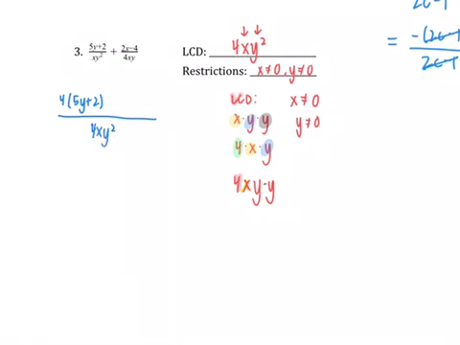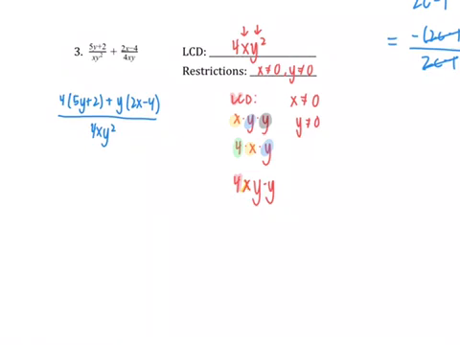So I'm just going to go ahead and write it as one expression. Then the numerator in the second rational expression, the denominator is 4xy, so it was missing a y. So I'm going to multiply that numerator and denominator by y in order to get that.